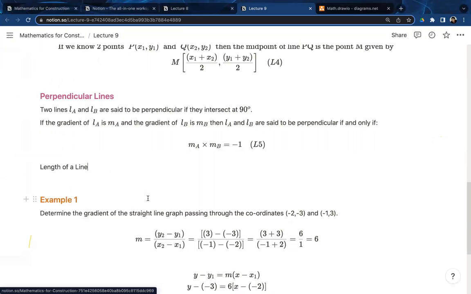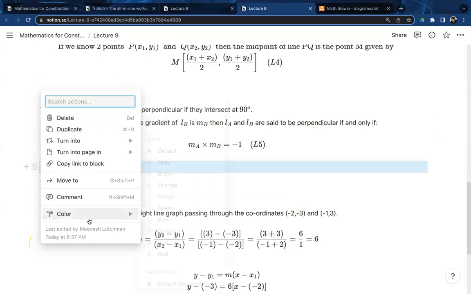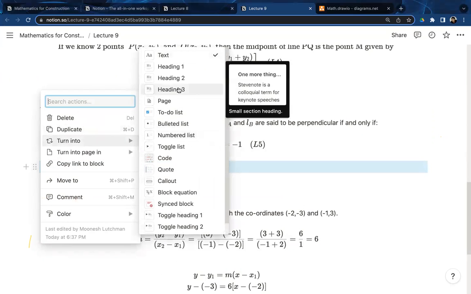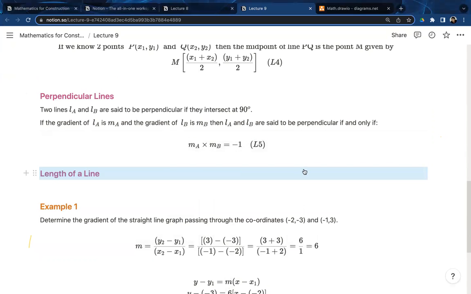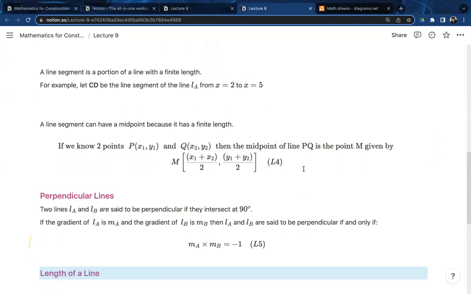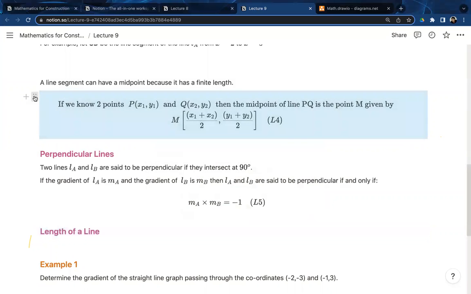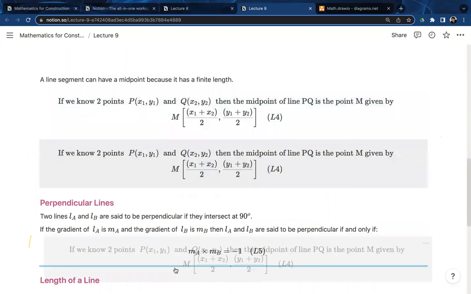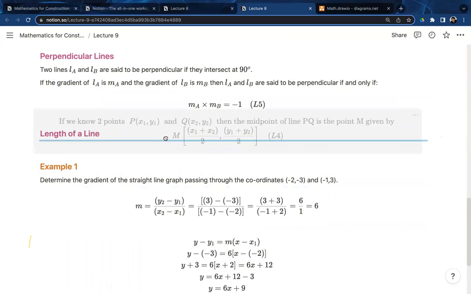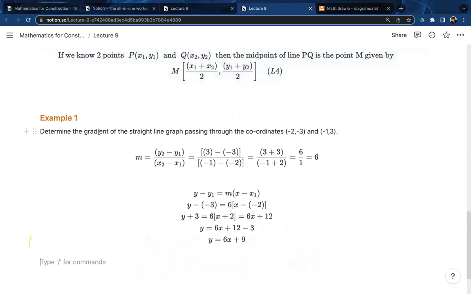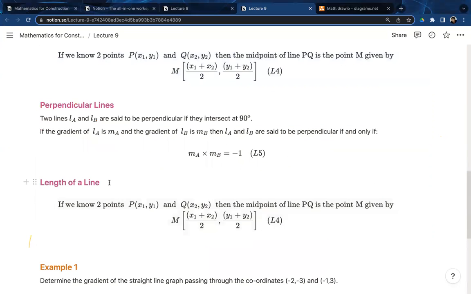We could find the length of a line actually. So usually we have the coordinates, right? So if you know 2 points P and Q, and the length of a line segment, it's not really the line itself, right? So we say length of a line segment.